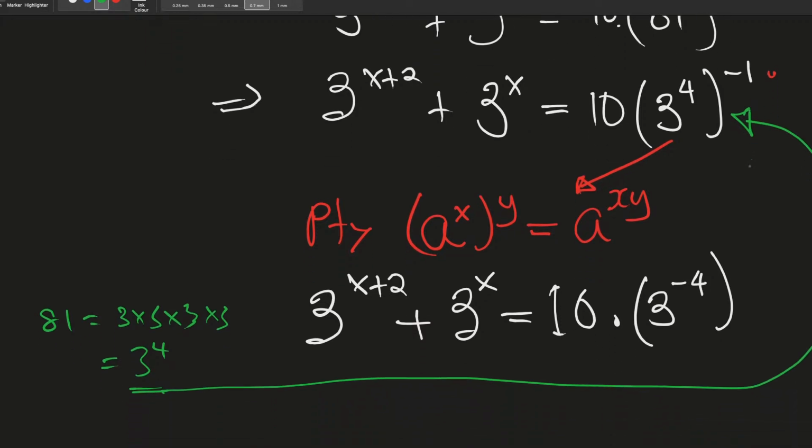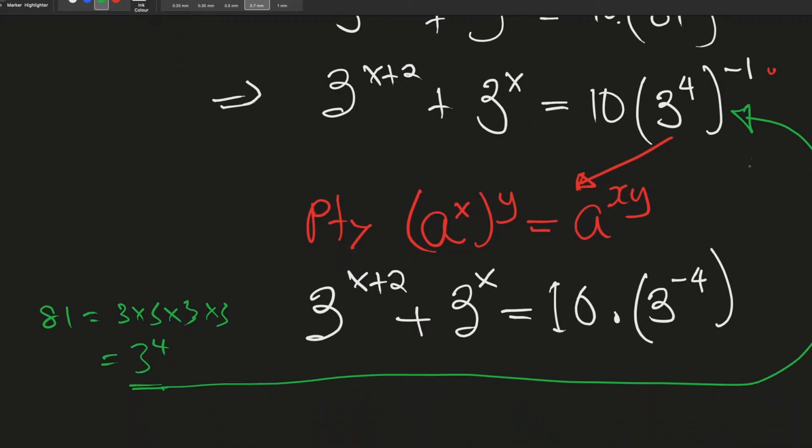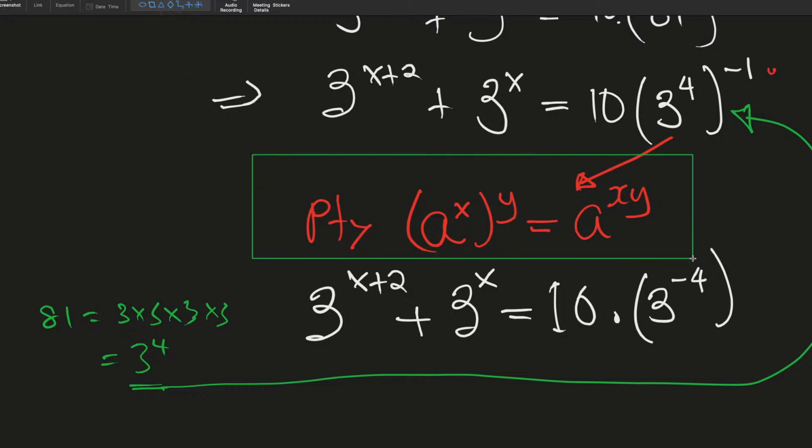After that, we made use of this property of indices. It says that A raised to the power x multiplying y gives us A raised to the power xy.